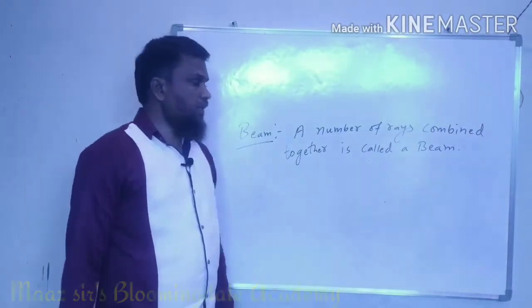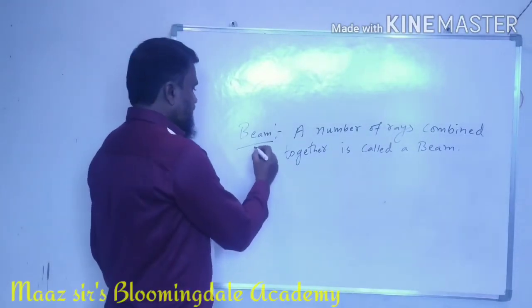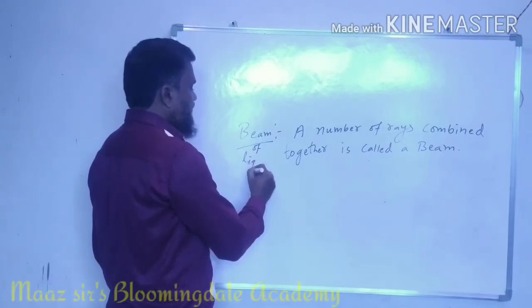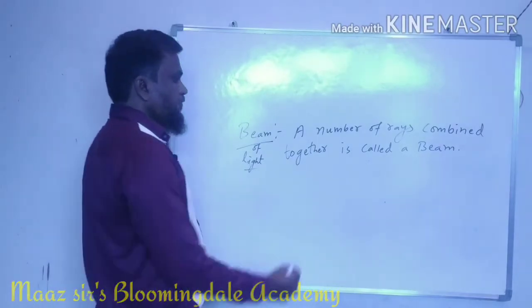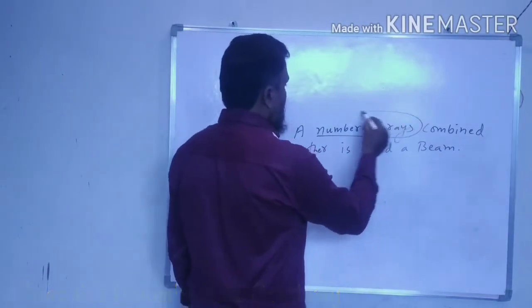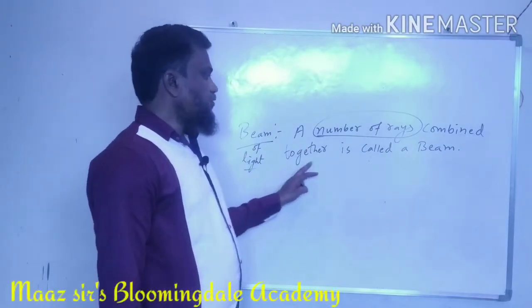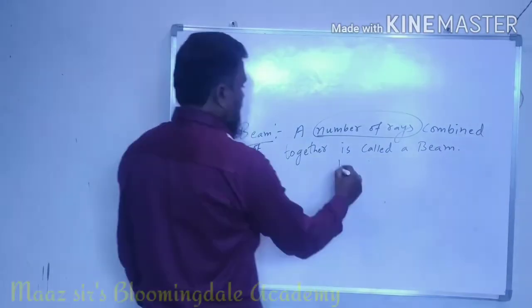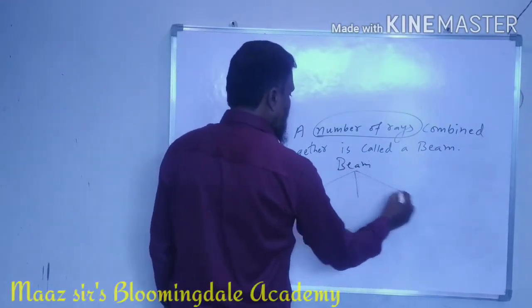So the next topic is beam. Generally this word is used for a beam of light. So what is the meaning of beam? A beam is a combination of a number of rays combined together. This beam can be of three types.